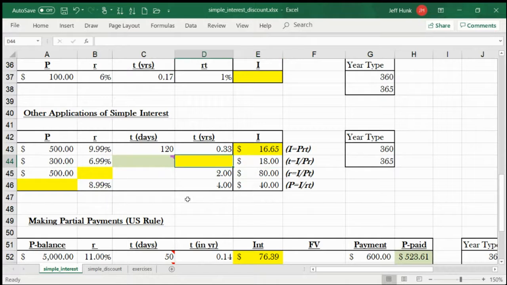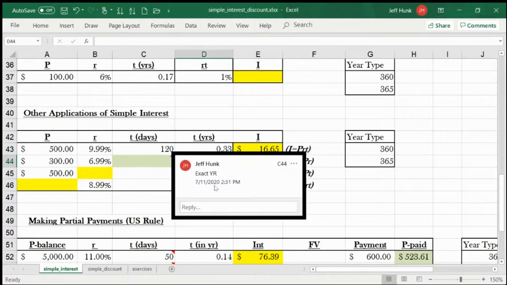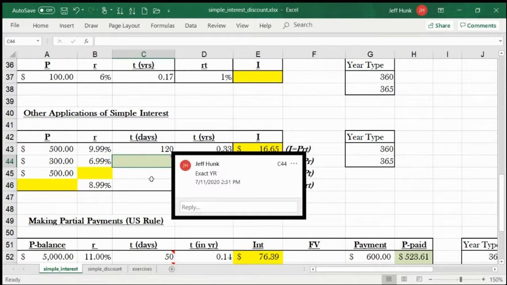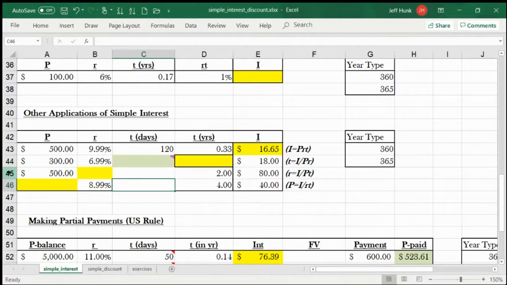And the question is, what's the time? First in years and then in days. Of course, if you find it in years, then we can convert it into days. And then third problem, interest is known, time is known, principal is known. Then the question is, what's the interest rate? We can solve for that. What's the principal? We know this, because we've done that.